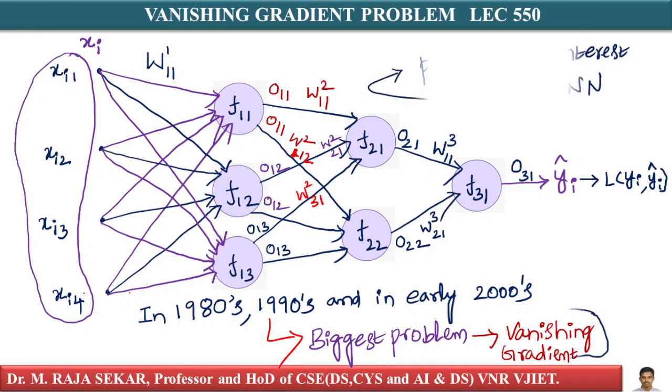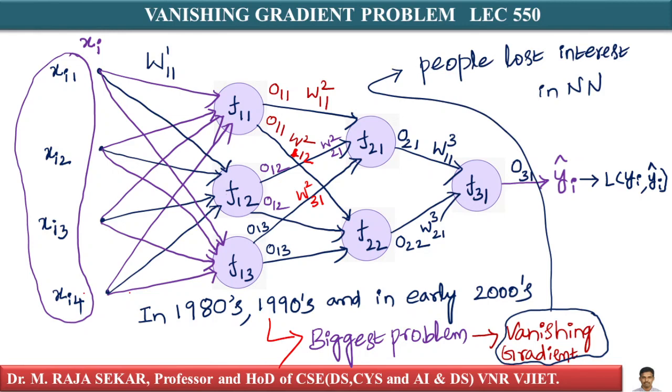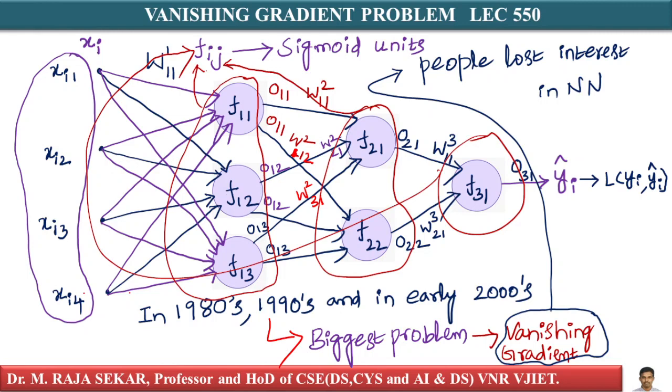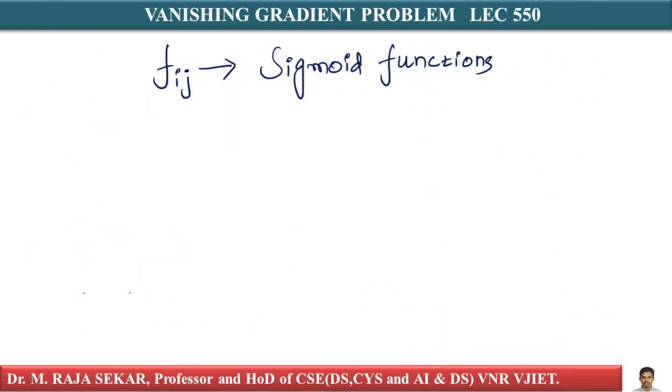All of your Fijs, isn't it? What are your Fijs? Just see this one: F11, F12, F13, F21, F22, F31. All Fijs. People typically tried sigmoid functions, sigmoid units as your activation units.